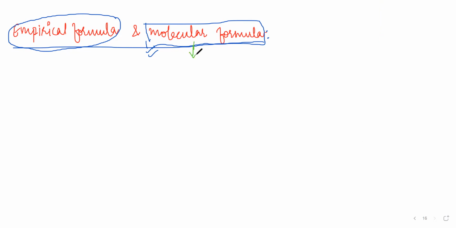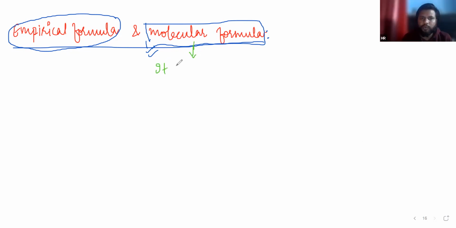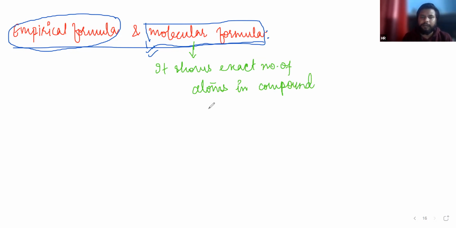Krishna, molecular formula shows the exact number of atoms in a molecule or compound. Like if I have written H2SO4, this is a molecular formula. If I have written C2H6, this is the molecular formula of ethane.